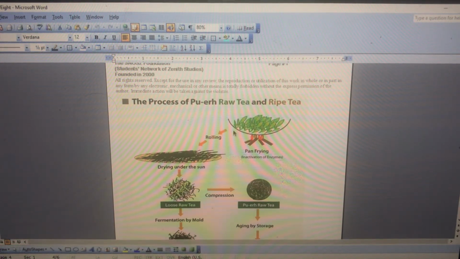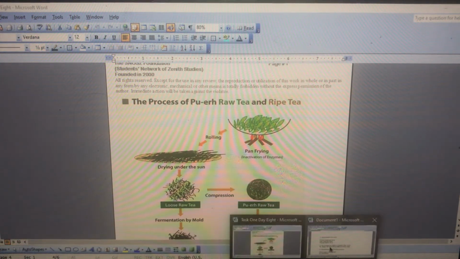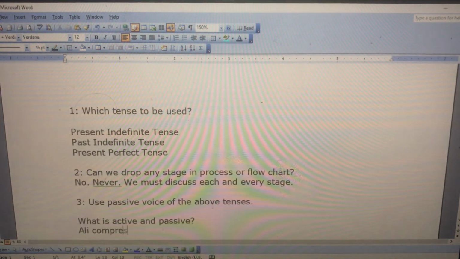So look, the first stage is pan frying. Fine. So what you guys are going to do? If I say like this, look in here now, pan frying. Yeah. Ali pan fried.